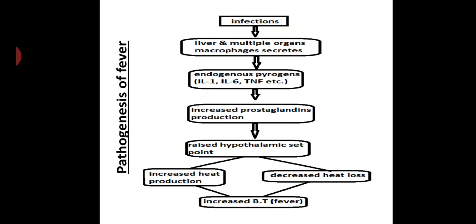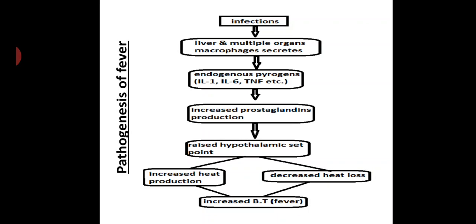Now let us discuss the pathogenesis of fever. How does fever occur in our body? What is the underlying cause or mechanism? If we take infection, because it is the most common cause of fever, whenever you develop any infection due to bacteria or virus or any organism in your body, your liver and other organs which carry macrophages will secrete a few substances.